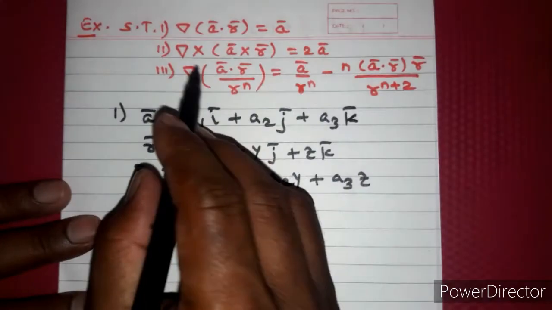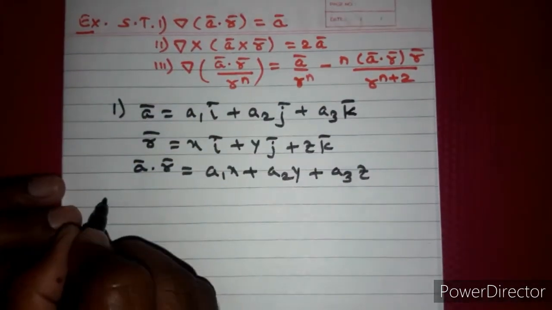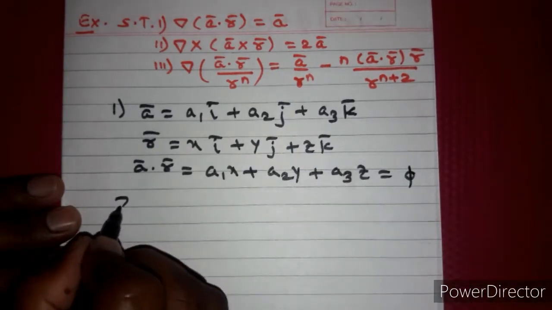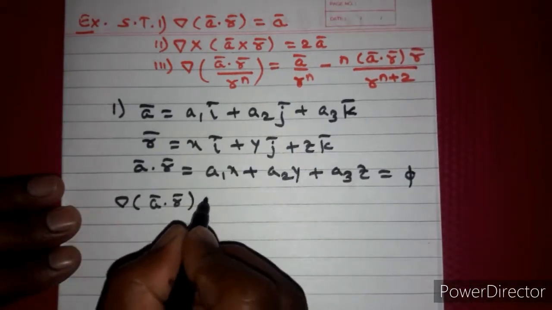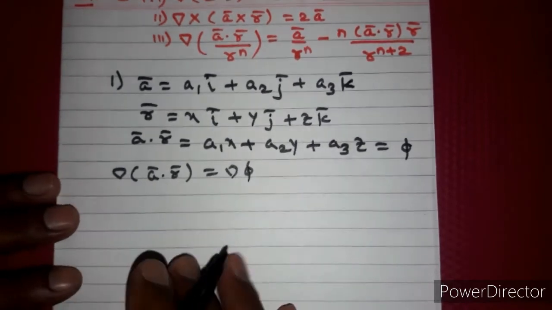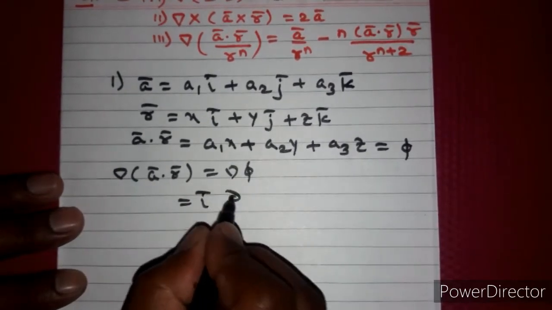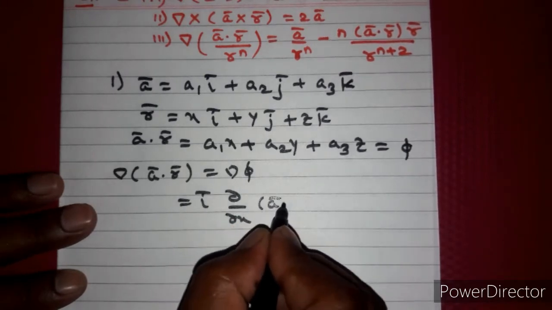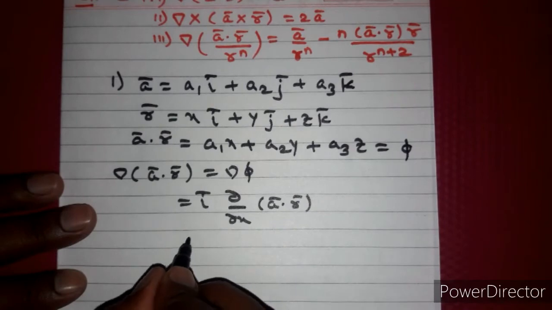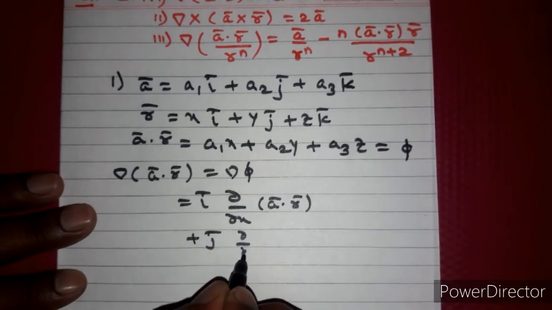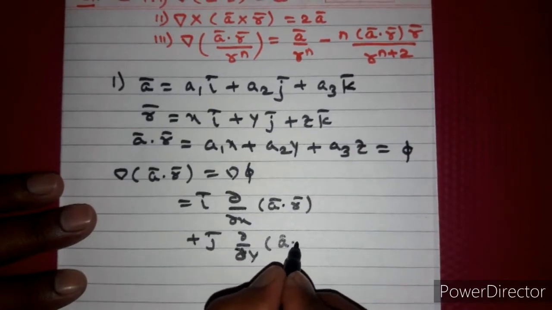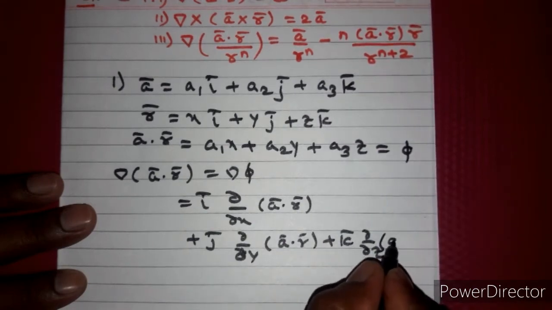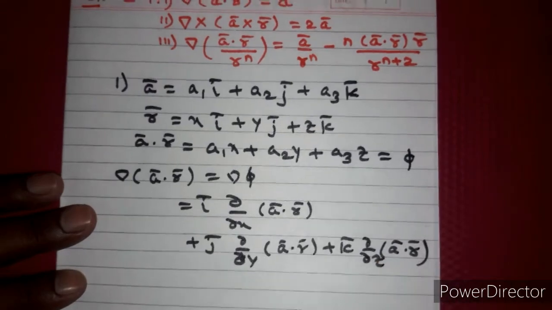Now what we have to find is del of a bar dot r bar. If I call this function phi, then del of a bar dot r bar is the same as del phi, meaning i bar dou by dou x of a bar dot r bar plus j bar dou by dou y of a bar dot r bar plus k bar dou by dou z of a bar dot r bar.